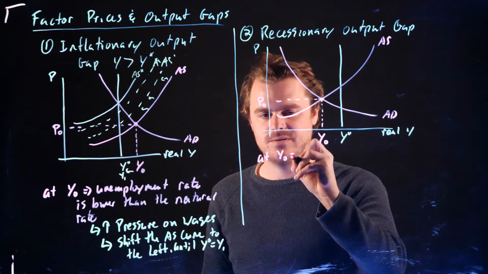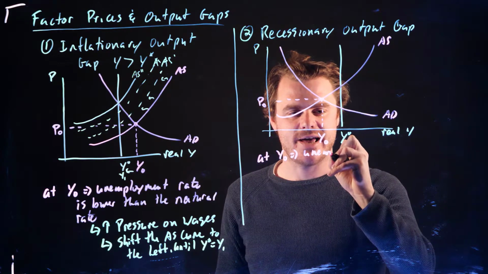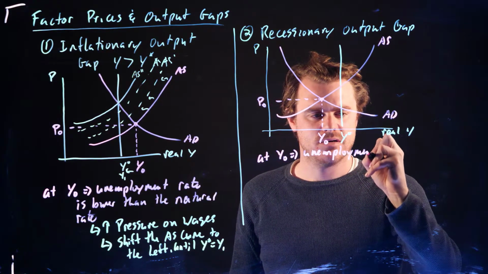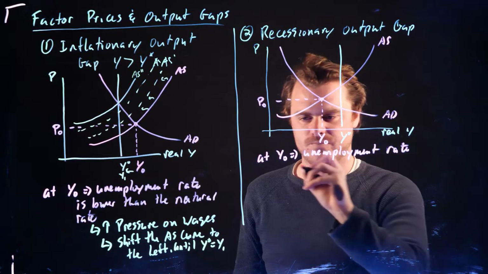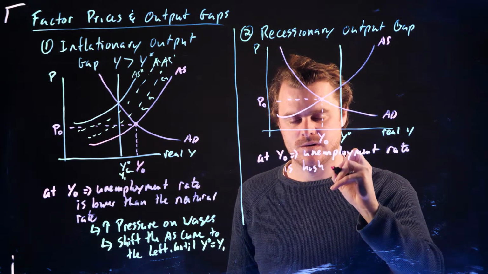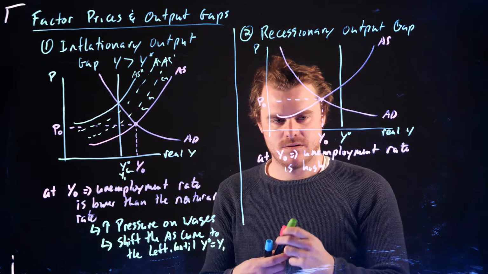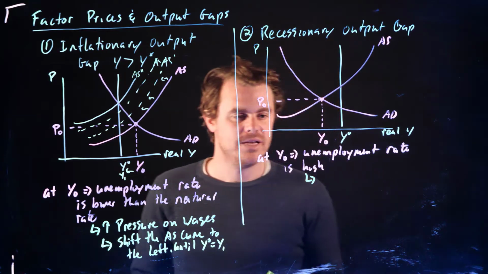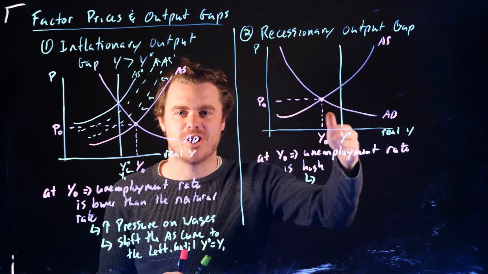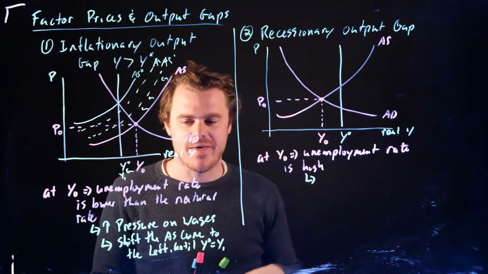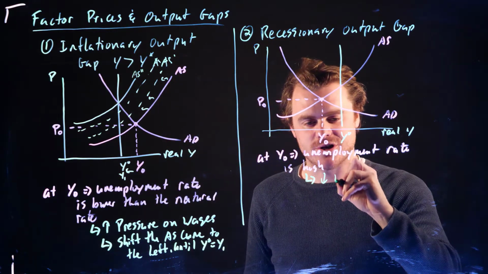At Y0, the unemployment rate is really high. It's high in relative terms to the natural rate, is what I mean by that. And so there's downward pressure on wages.